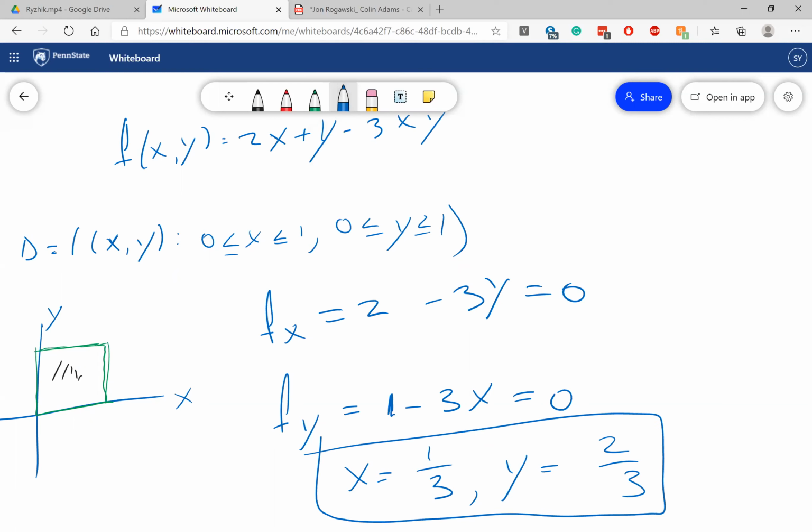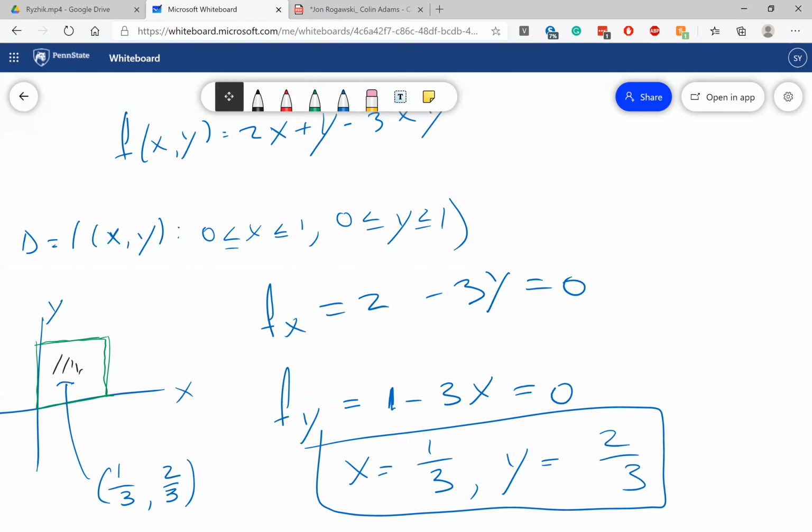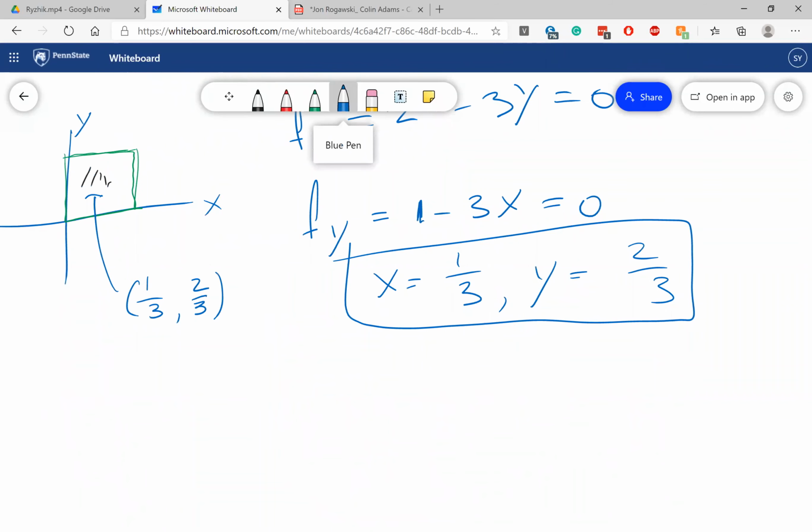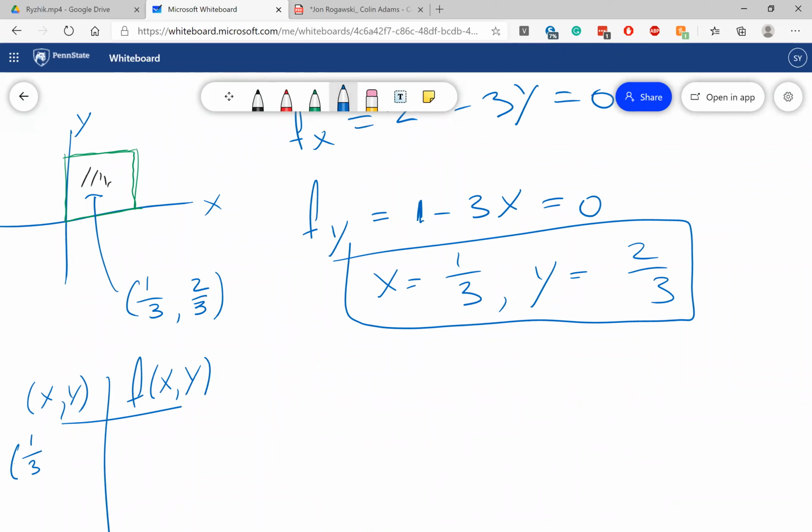Any questions about this? So our critical point in the interior is going to be 1/3, 2/3. So let's make a table and keep track of them. Here's my x, y. Here's my f of x, y. And the first critical point that we found is the point 1/3, 2/3.